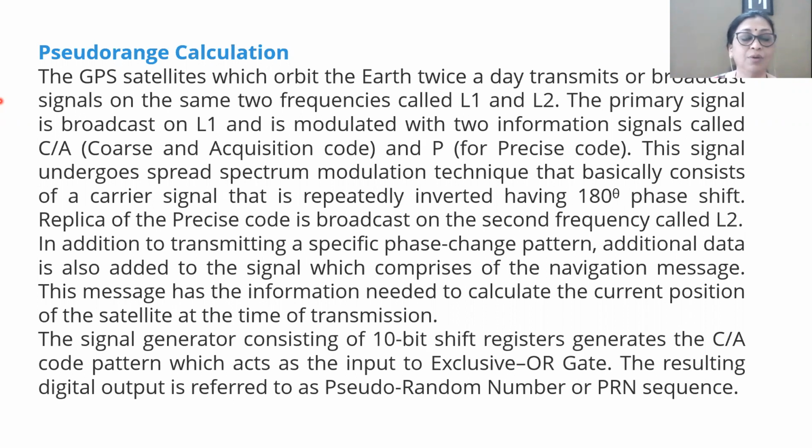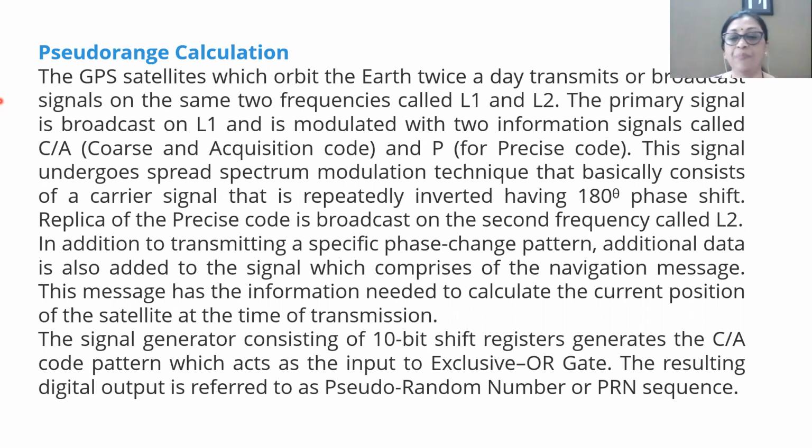and this code pattern is generated with the help of an exclusive OR gate. Generally, PN codes, that is pseudo noise type of codes, are generated with the help of an exclusive OR gate. So this will appear as noise to all other communication systems except for the system which is of our intention.